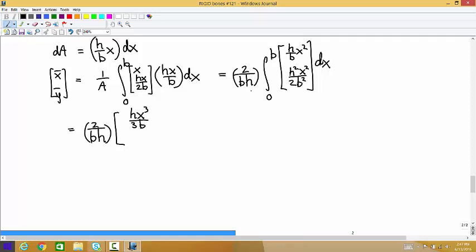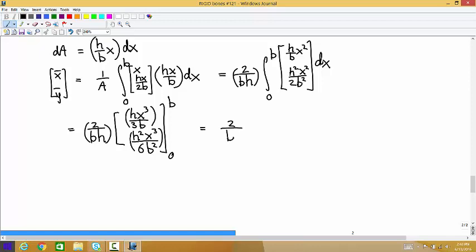And if you integrate the y component, you get h squared x to the third over 6b squared. And you get that 6 from the 3 that you got from integrating. And the boundaries of integration are 0 to b. So now you can evaluate it over these boundaries.